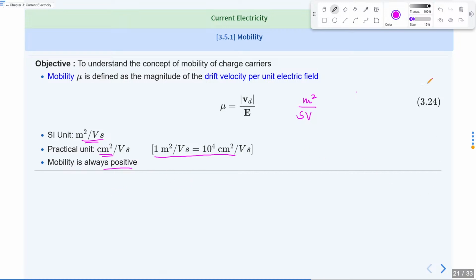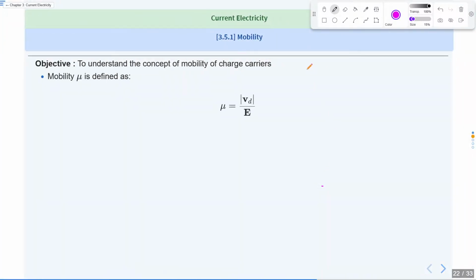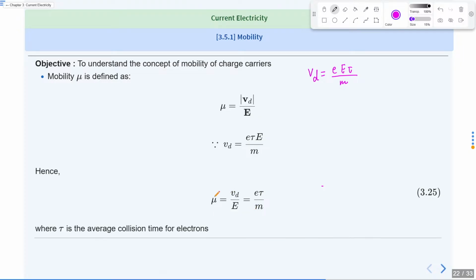Also we have the expression for drift velocity, Vd is given as e tau by m times E. Putting this expression in, the electric field cancels out, so you get e tau by m. That is another expression for mobility. And tau is the average collision time, known as relaxation time, the average time between two collisions.